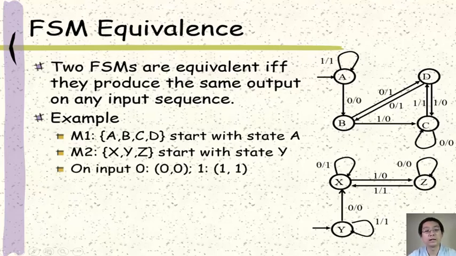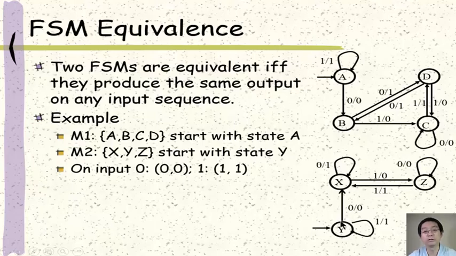On input 0, the first one starting at A outputs a 0. The second state machine, starting from Y, on input 0 also outputs 0. So they agree on the output.